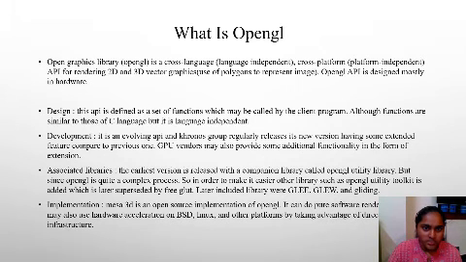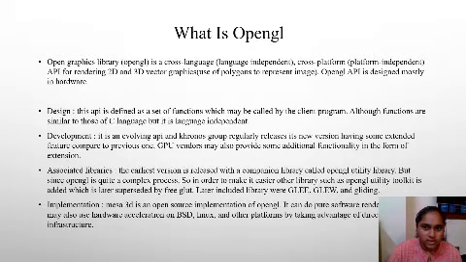What is OpenGL? Open Graphics Library, or OpenGL, is a cross-language, cross-platform API for rendering 2D and 3D vector graphics. It uses polygons to represent images. The OpenGL API is designed mostly for hardware. Design: this API is defined as a set of functions which may be called by the client program.